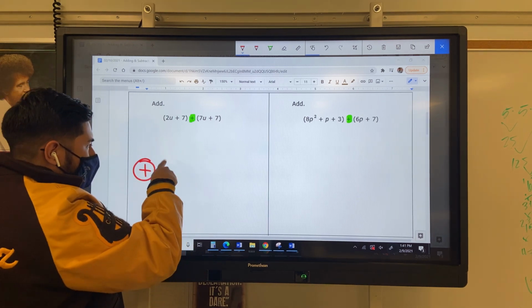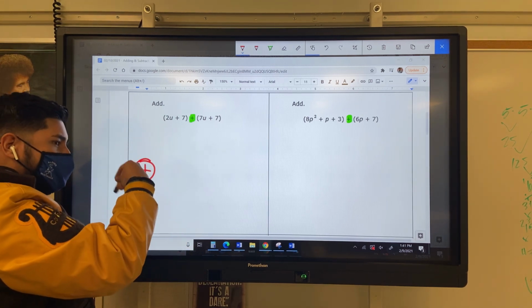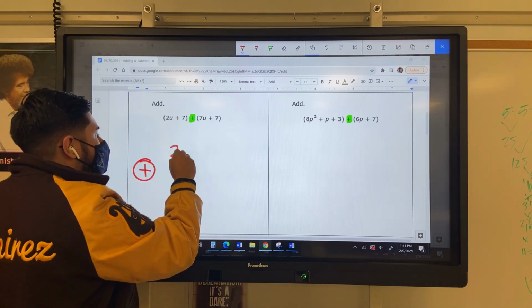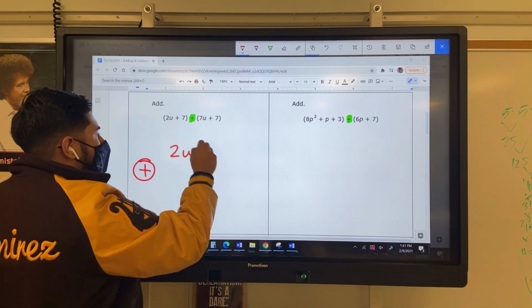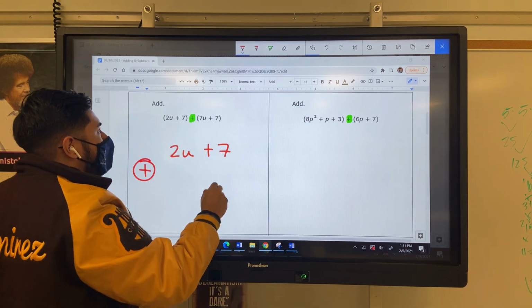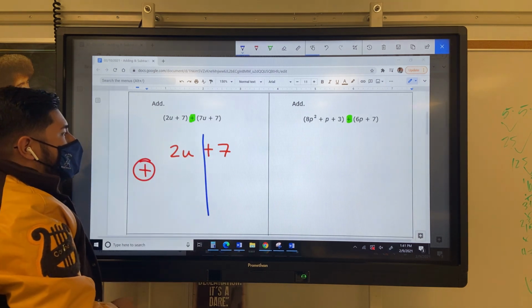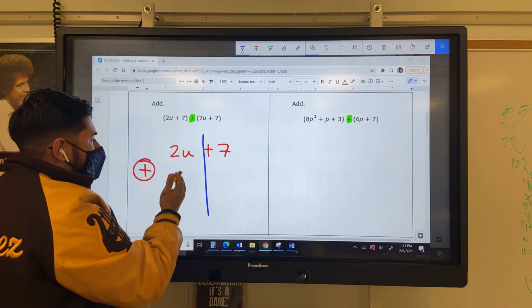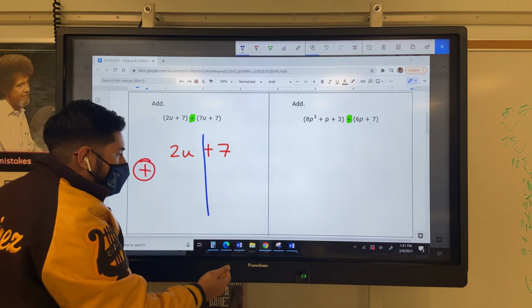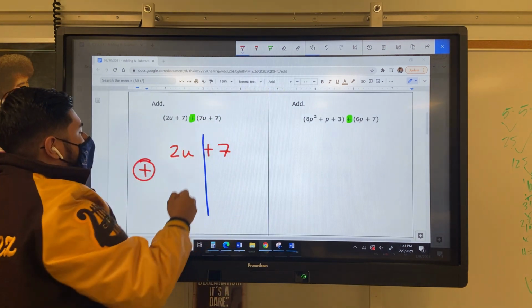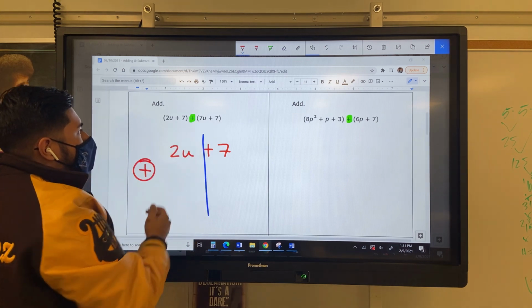And then I'm going to make my own little box, column type of deal. So I'm going to put the first thing 2u, and then plus 7. And then right here, just draw a line in between it. So I know, okay, I'm going to be adding these guys, and then I'll be adding these guys. Who's going with you from this other one?